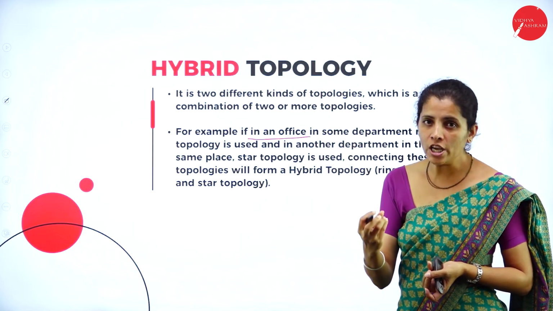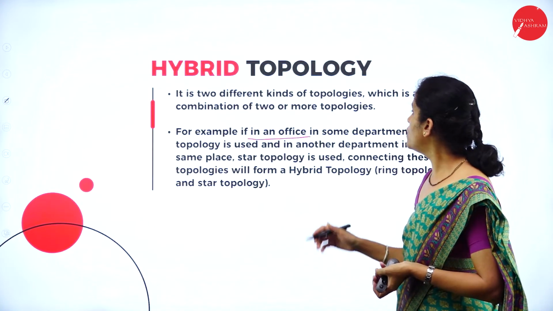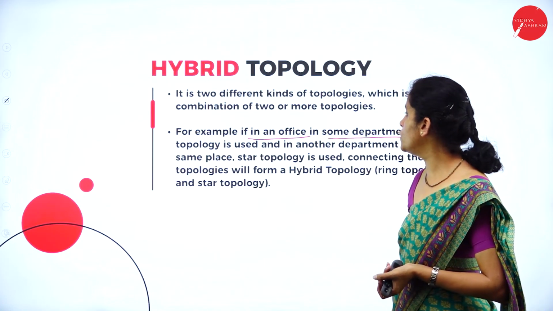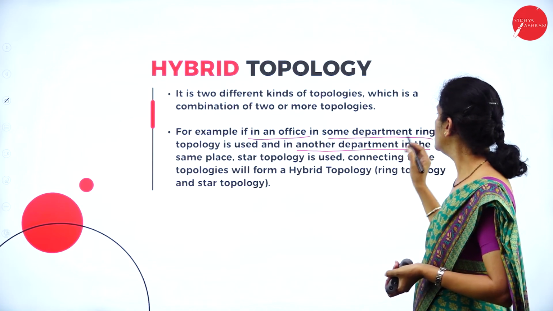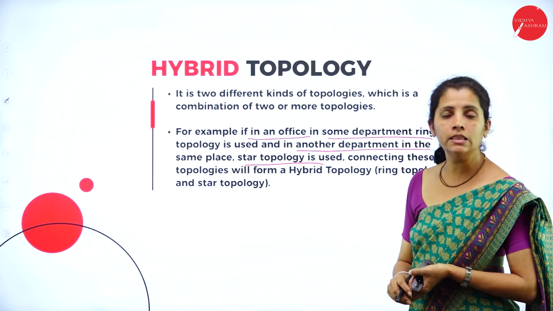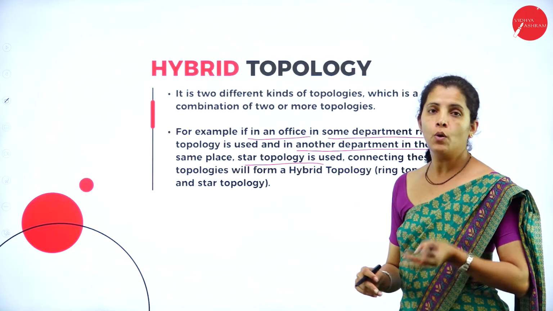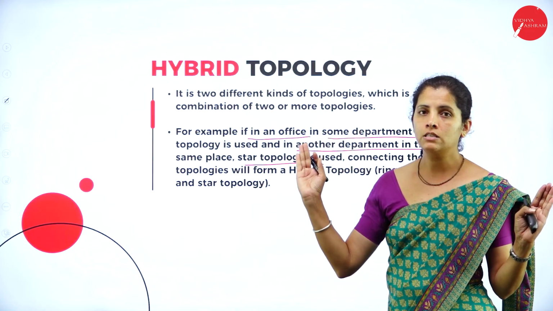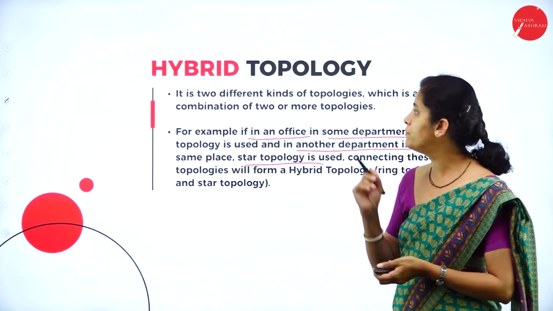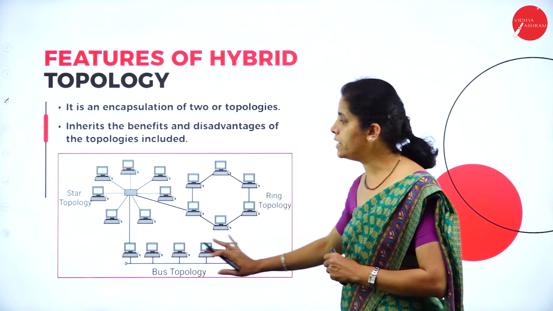It is a combination of two or more different topologies. Some departments use ring topology and another department uses star topology, and connecting these will form the hybrid topology. When I connect ring and star topology together, it forms hybrid topology.